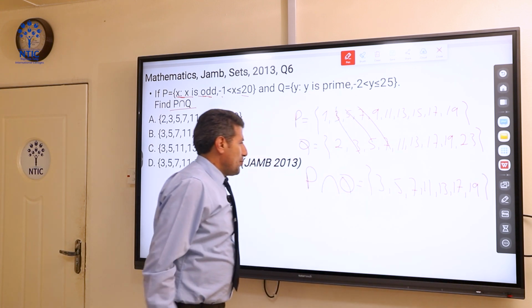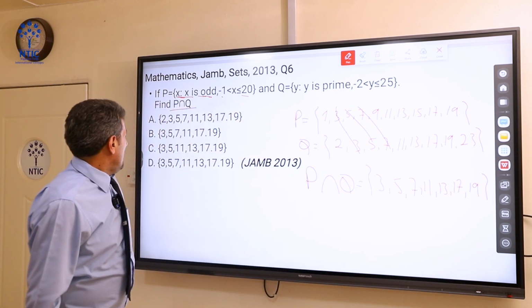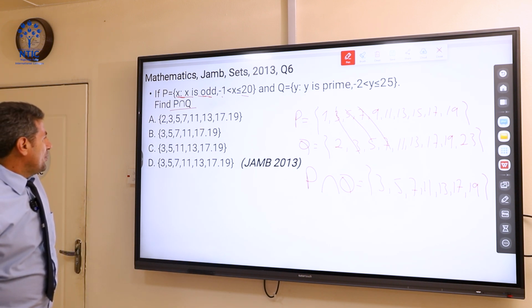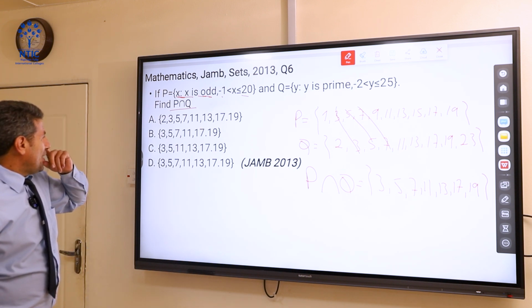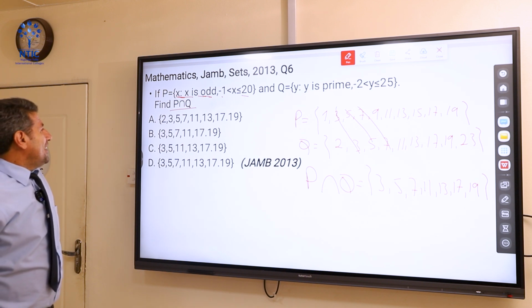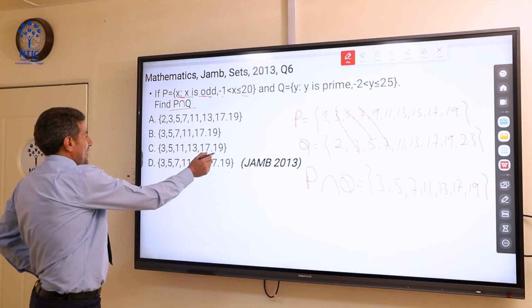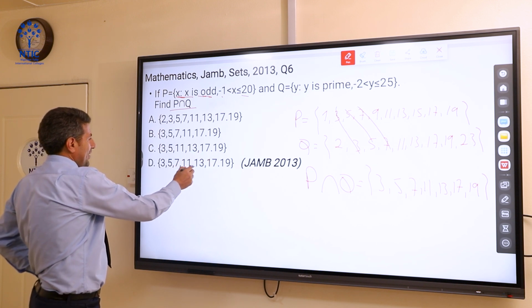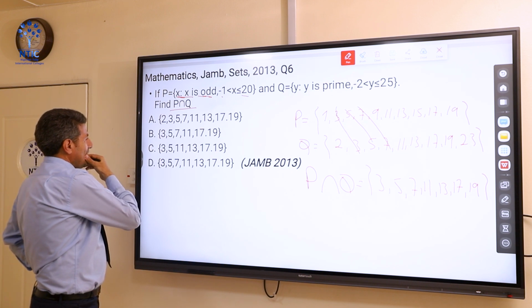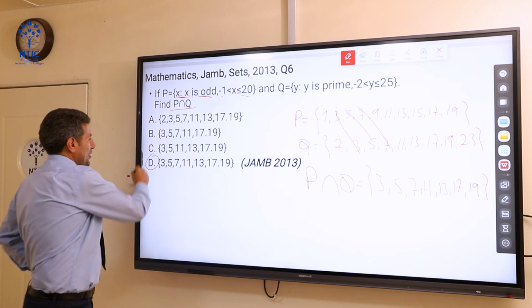So this is the P intersection Q. When we check the options, this is option 3, 5, 7, 11, 13, 17, and 19. Okay, it's option D.